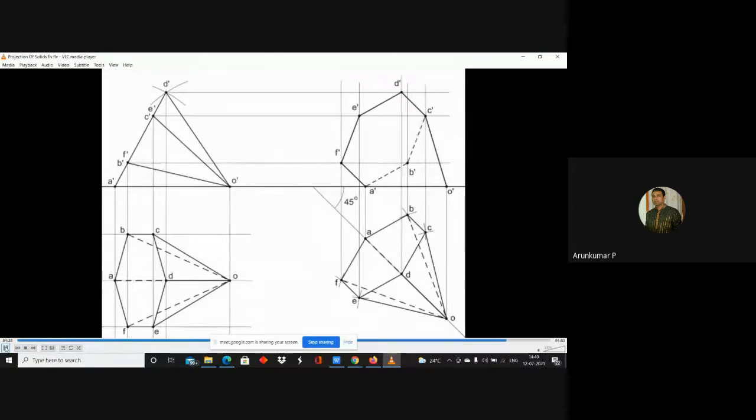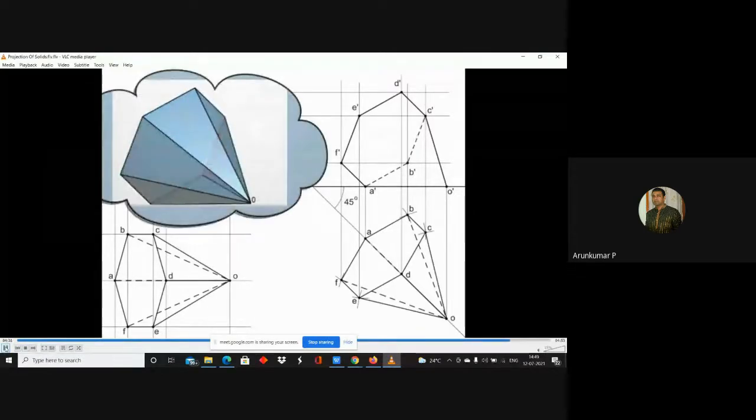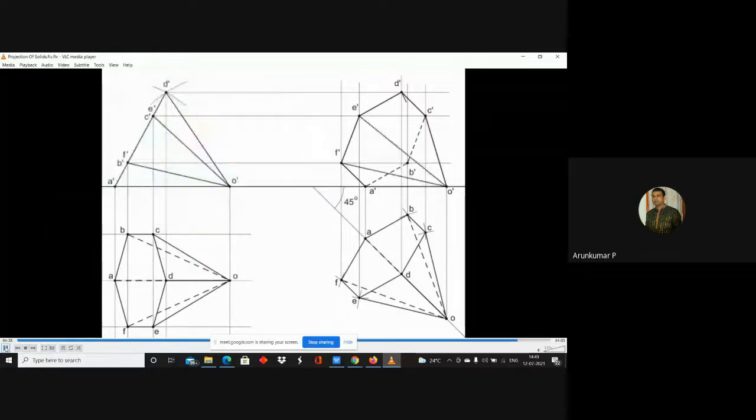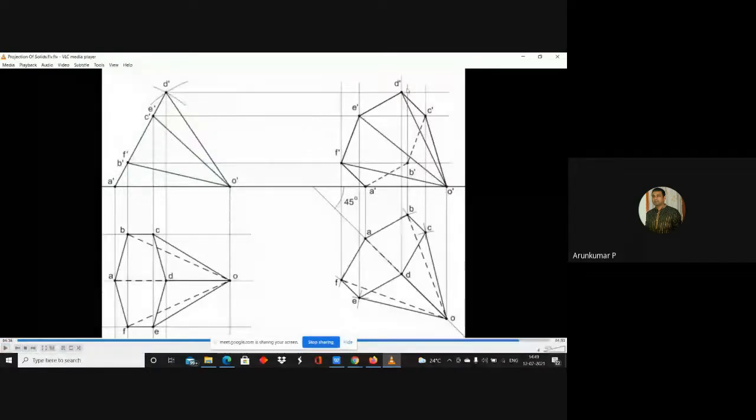This is a hexagon which is not seen. The base is not seen because it is covered by these 4 triangular faces. These are the 4 triangular faces. You can see here. OCD, ODE, OEF, and OFA. So 4 triangular faces are seen in the front view.